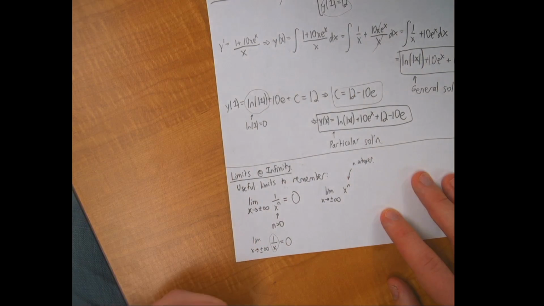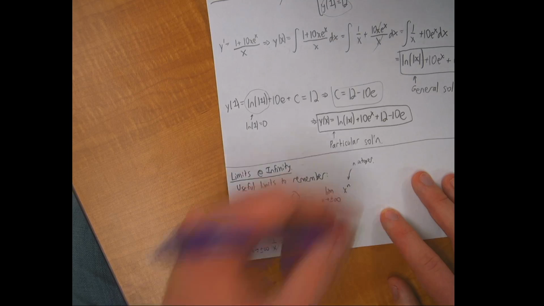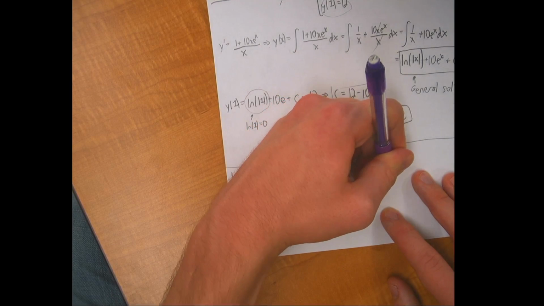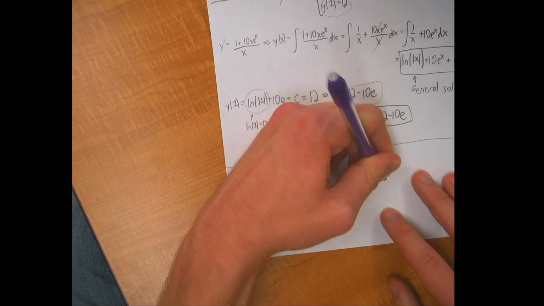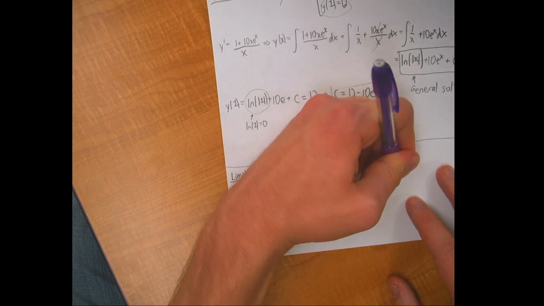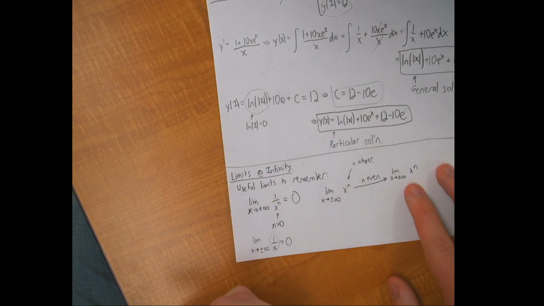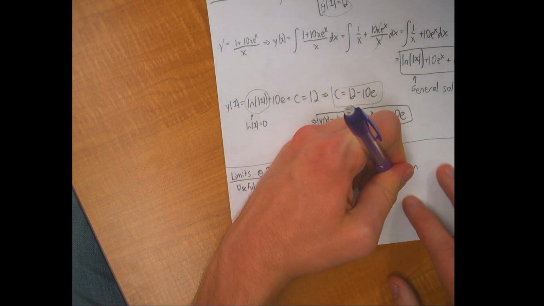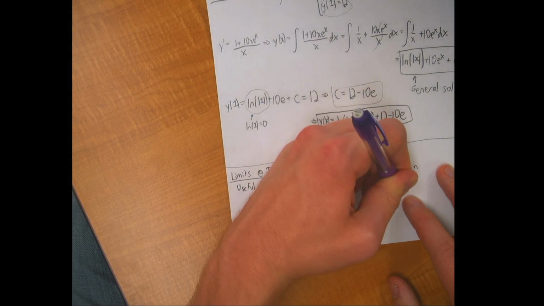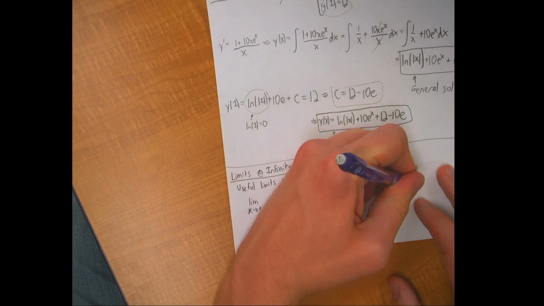Let's start off with n even. So the limit as x goes to plus or minus infinity of x to the n. What would that be? Taking a particular case, let's look at n equals 2: limit as x goes to plus or minus infinity of x squared.